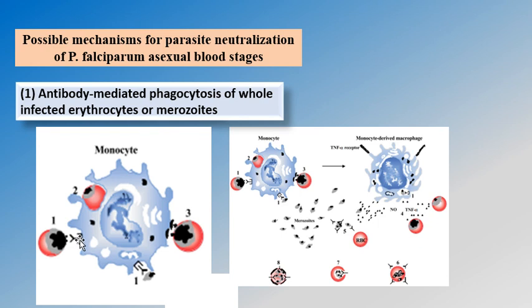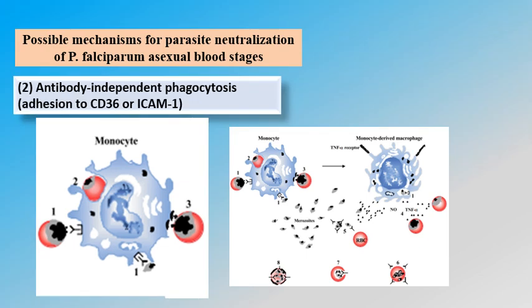These antibodies are raised against these proteins. So when they bind to specific antigens, they will opsonize the infected red blood cell to the monocytes and mediate phagocytosis of the whole infected erythrocyte or merozoite.